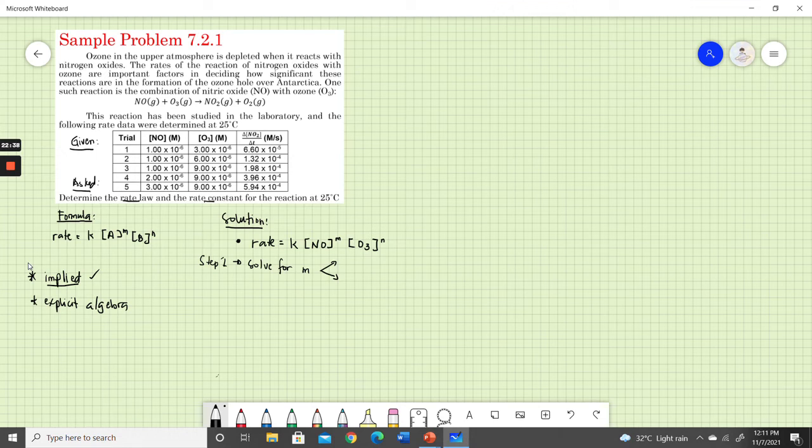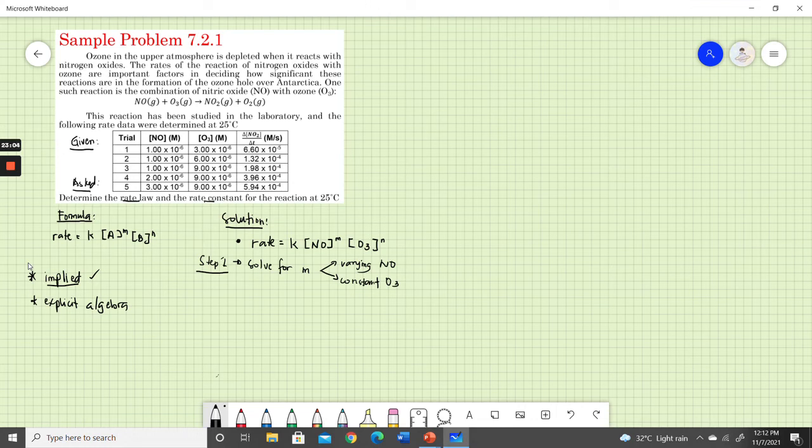Kapag sinusolve mo yung M, ang hahanapin mo is varying or changing NO and constant O3. After mong gawin yan, look at the table that is given.